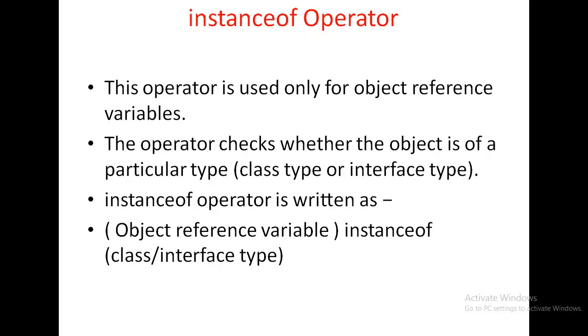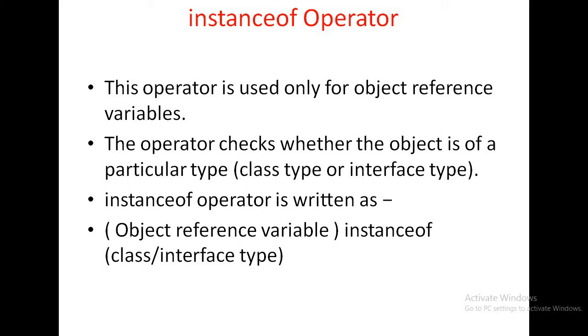So the new operator that we introduce in Java is known as the instanceof operator. What is the work of the instanceof operator? It checks whether the object belongs to a particular class or not.